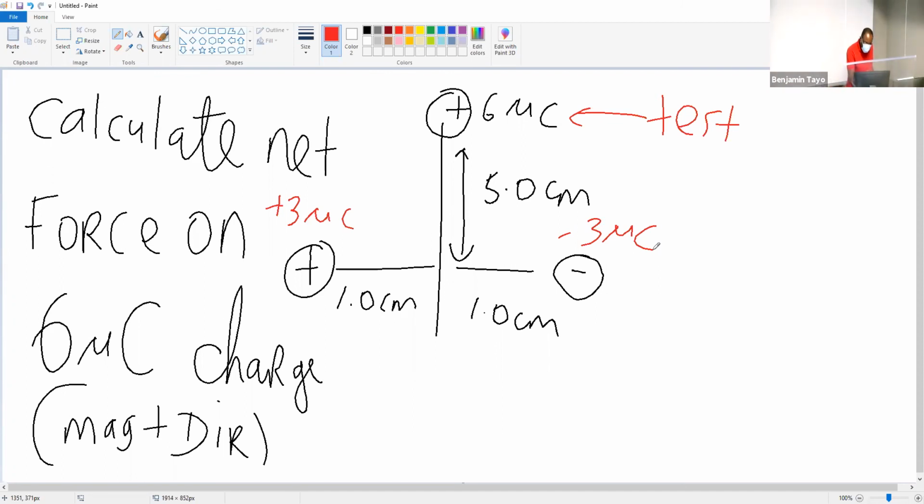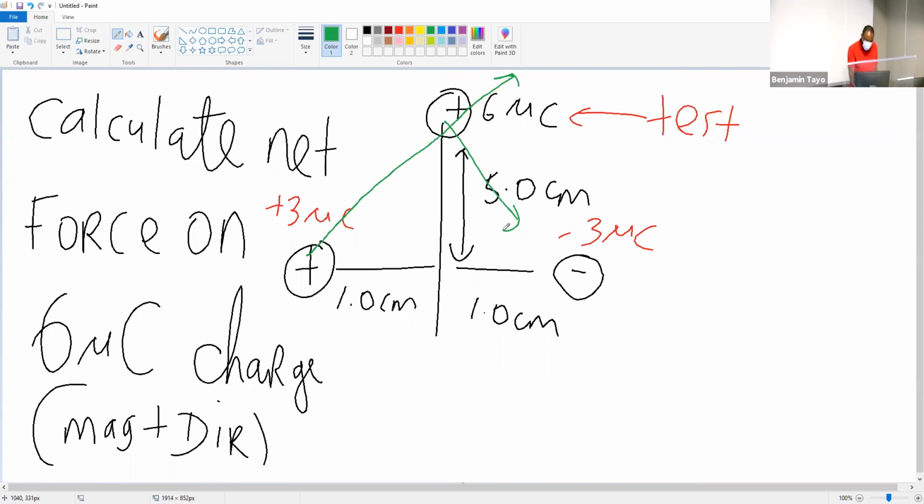So just to show you an idea of how this is going to look. The force here is going to be pushing, so there is going to be a force like that, right? But then because this is negative, there would be a force like this. So I need to add up those two forces.